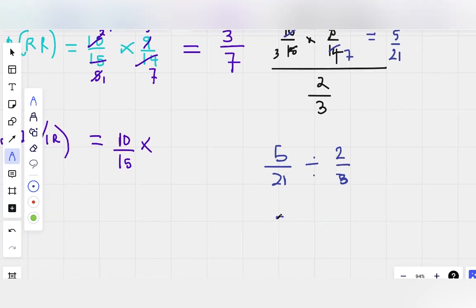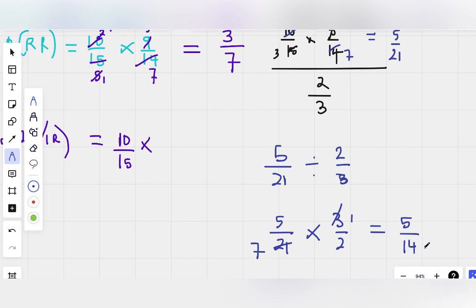So it becomes 5 over 21 times 3 over 2. Okay? Now we say 3 can go here, 3 here, 1. 3 goes into 21, we get 7. So in the numerator, 5 times 1, we get 5. And the denominator, we have 7 times 2, we get 14. So our answer is 5 over 14 for this probability.